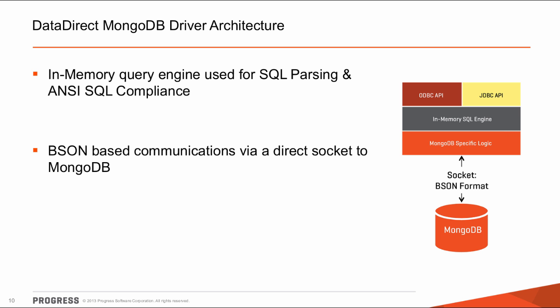Our driver interacts with the MongoDB cluster in a natural way using BSON, so BSON-based communications directly to the cluster. And MongoDB databases are exposed as relational schemas, which is the most natural way to represent how MongoDB chooses to partition its data model and its collections into standards-based concepts.